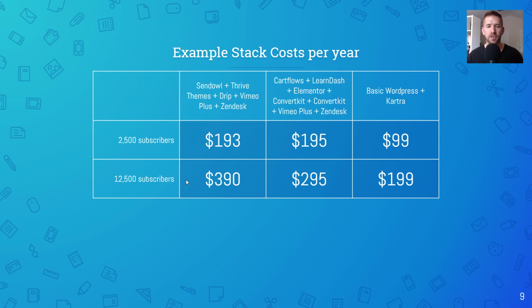And at 12,500 subscribers, similar story but here's where there's a difference between Drip and ConvertKit, how they scale. It's almost $400 for the Drip and Thrive stack, about $300 for ConvertKit and LearnDash, and then under $200 for Kartra. So as I mentioned before, you get some simplicity, you get some cost savings, but it does come at the expense of having to be okay with that platform and understanding that no platform is perfect.